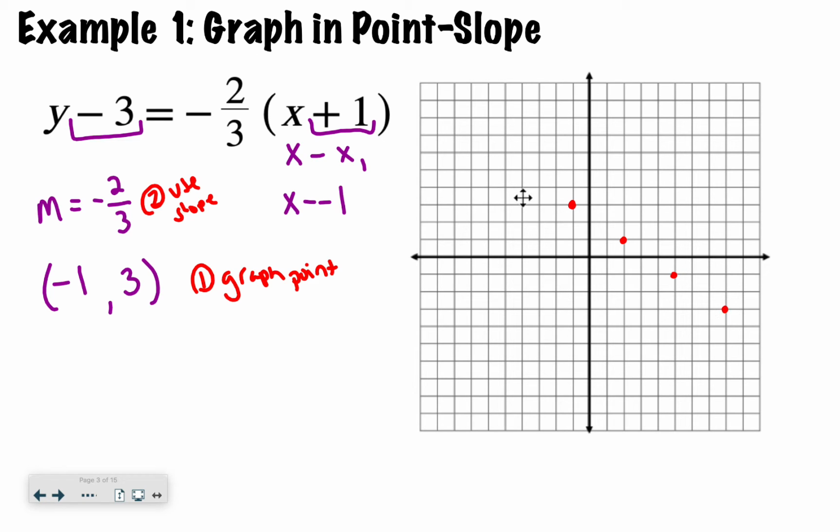And I can continue that pattern. Otherwise, I could move that negative to be with the 3, and I could say up 2, left 3. Up 2, left 3. Okay, and then I'm going to try to draw a nice line. And then the last step, make sure you put your arrows on the ends of those lines, okay?